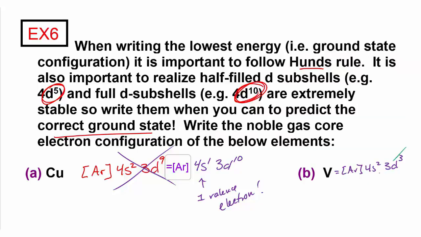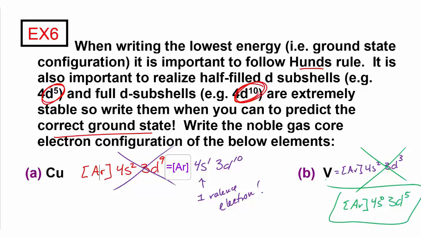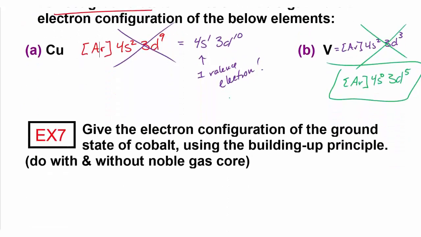Okay, so what the book is trying to say is that this is wrong. Promote those 2 electrons to d5. That's the answer. So whenever you can make d5 and d10, do it. That's how you get the correct ground state electron configurations for those transition metals.